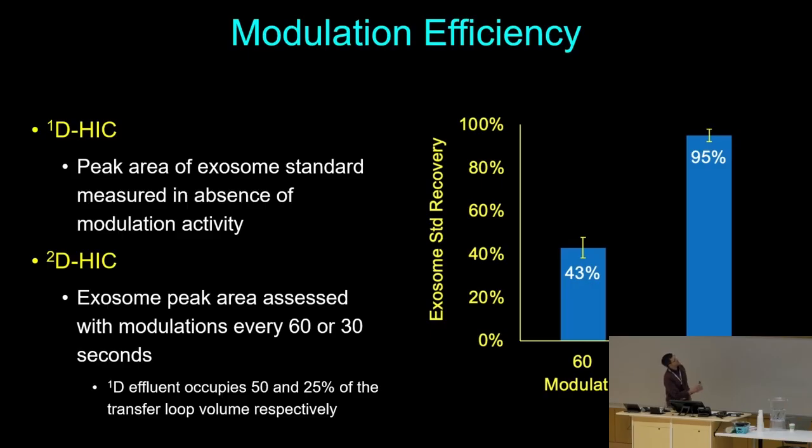And so we looked at 2 different modulation frequencies, 60 seconds and 30 seconds. And so with 60 seconds, 50% of the sample loop volume is filled with 1D effluent. Whereas with the 30-second frequency, only about 25% of that 200 microliter sample loop is filled with 1D effluent, and the remaining is of the 2D mobile phase.